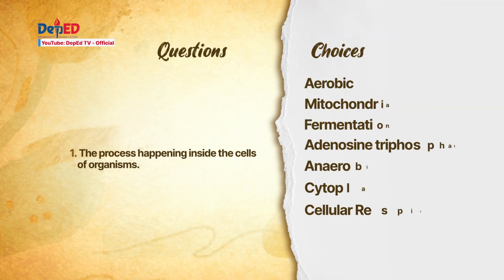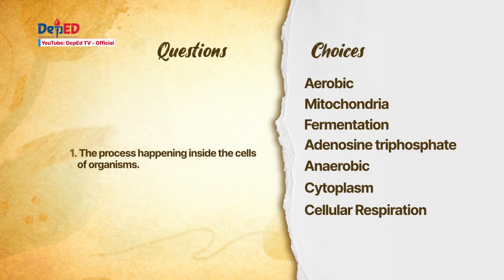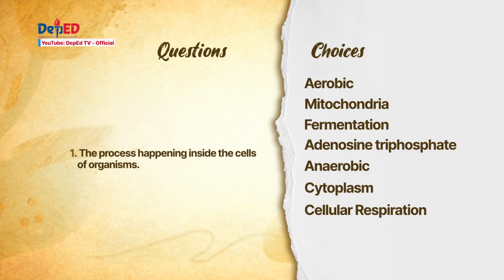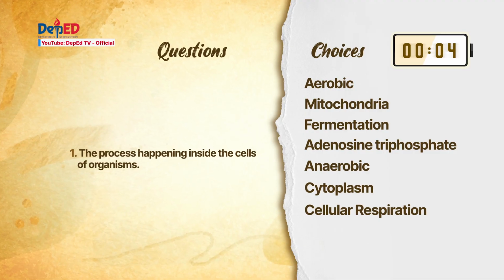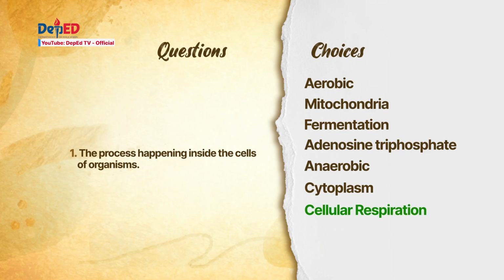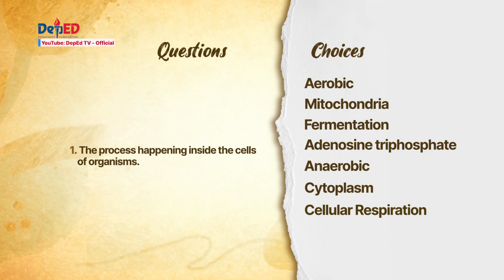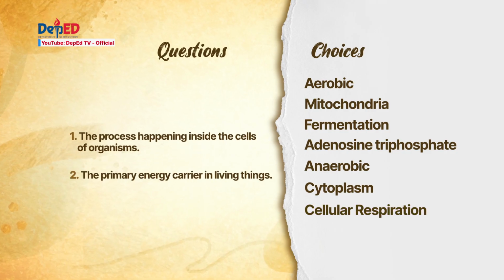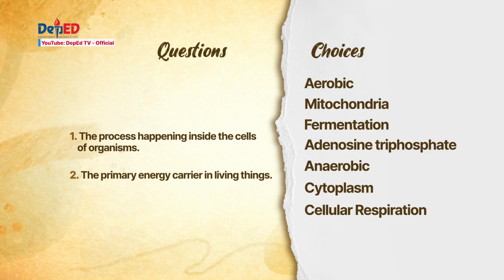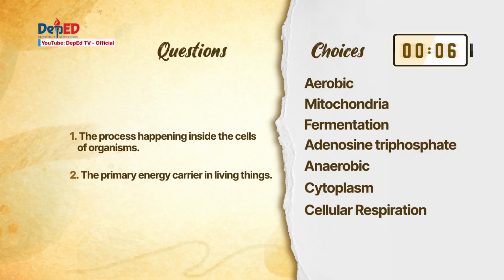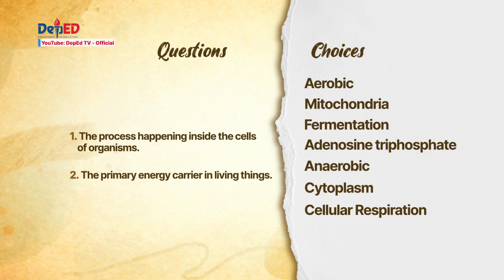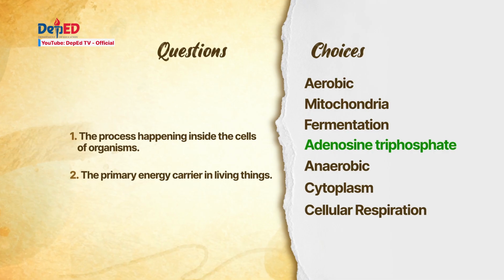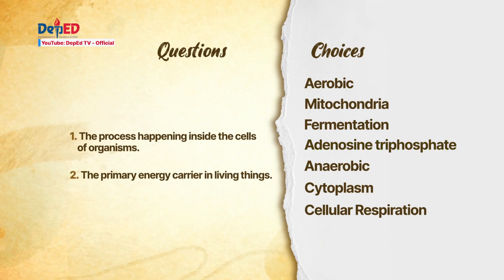Question number 1. The process happening inside the cell of organisms is... The answer is cellular respiration. Number 2. The primary energy carrier in living things is... The answer is adenosine triphosphate or ATP.